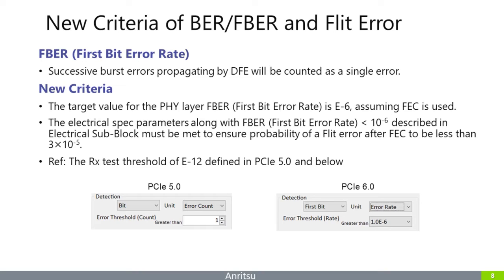PCIe Gen 6 is completely different, with FBER E-6. For PCIe Gen 5 and Gen 4, to have a good confidence level, like 90% or 95%, the measurement time is quite long. For PCIe Gen 6, E-6, you can immediately tell whether it is a fail or a pass.